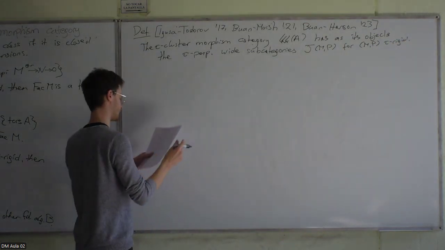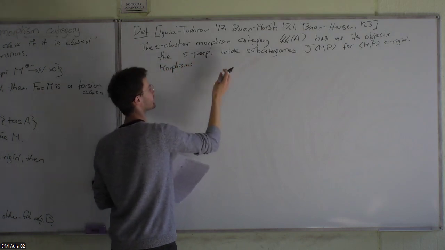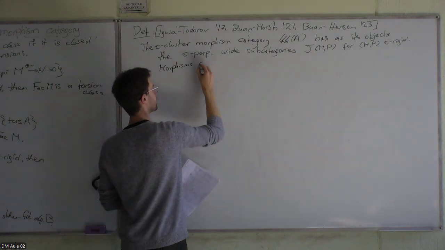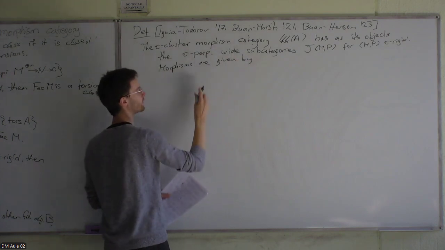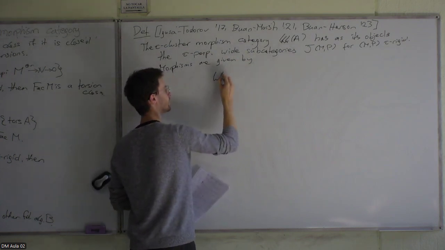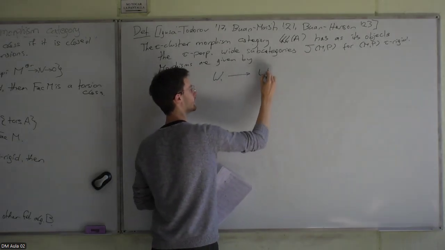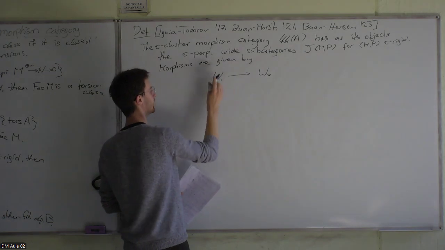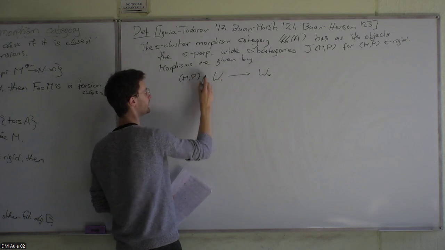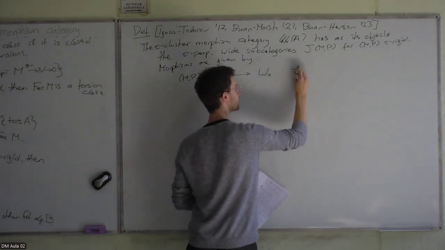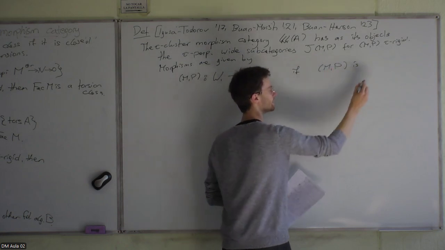And the morphisms are somehow given by tau-rigid pairs going between them. I take one of these subcategories, I will now just write it as W1, and it maps to another subcategory W2, which is defined by (M, P) if (M, P) is tau-rigid.